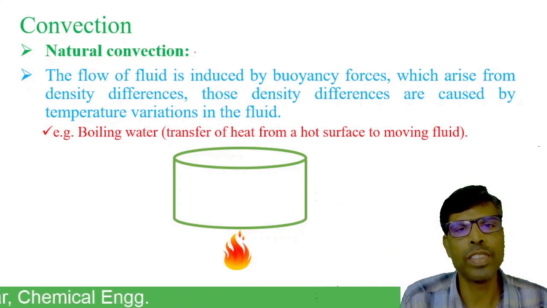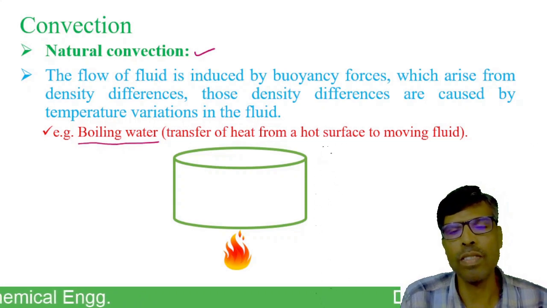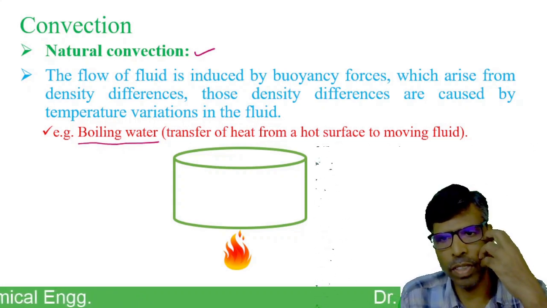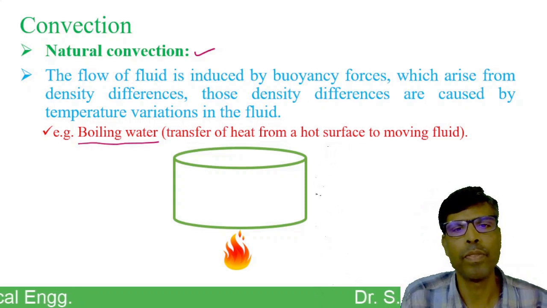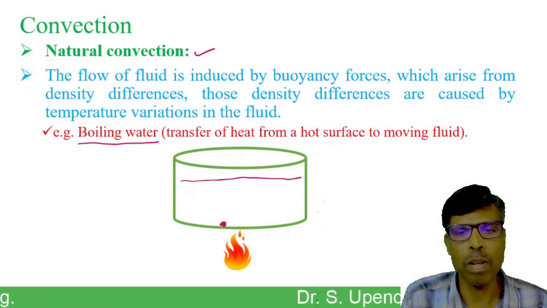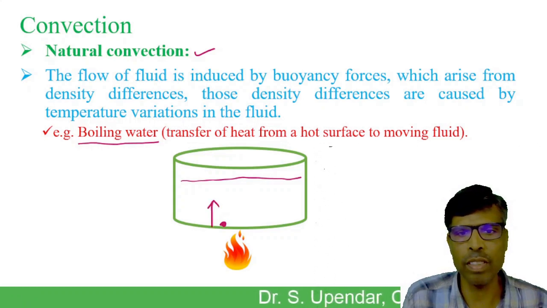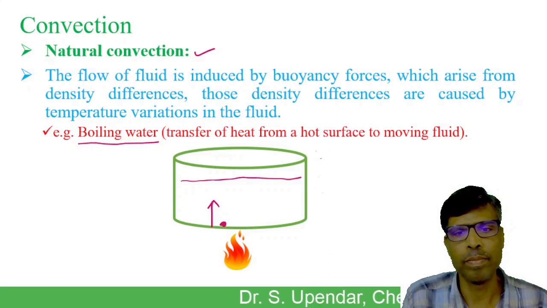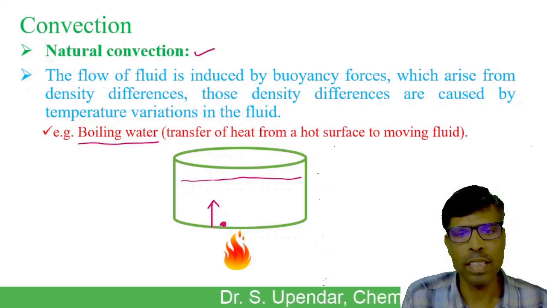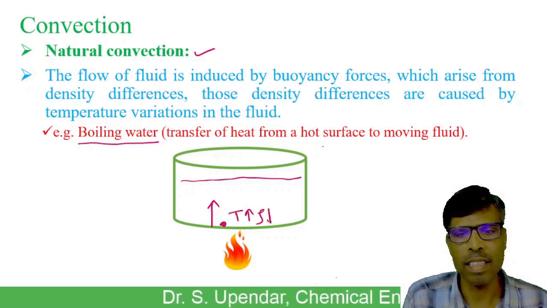Another example for natural convection is boiling water. In this, transfer of heat occurs from a hot surface to moving fluid. First, water which is adjacent to the bottom surface of the bowl gets heated due to the heat transfer from the bottom surface of the bowl to the liquid. The temperature of the water adjacent to the bottom surface increases, and density decreases.